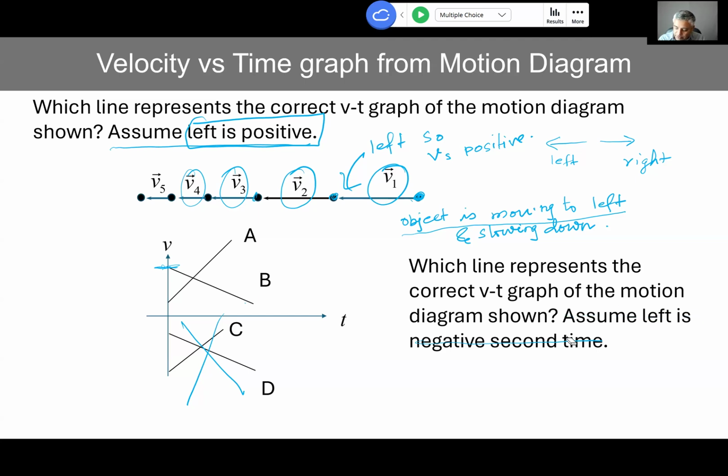So now, before we go, how about assuming left is negative this time? Here it was left is positive. Now left is negative. So what do you think? 30 seconds. Same motion, but you switch the coordinate, positive versus negative.